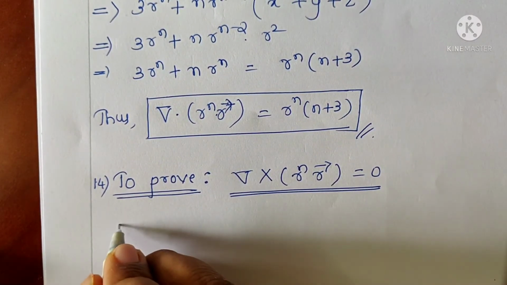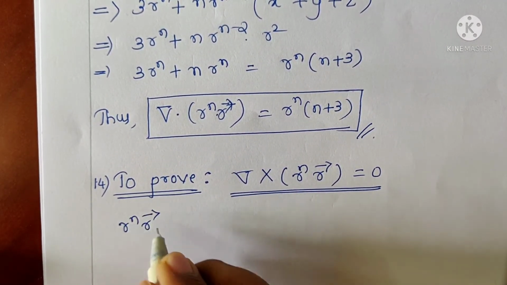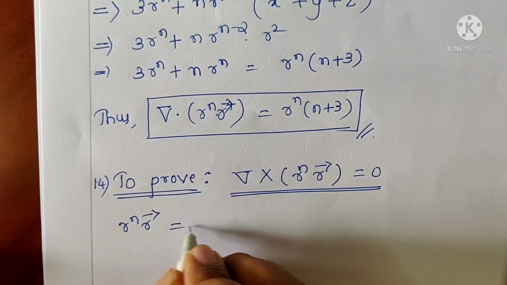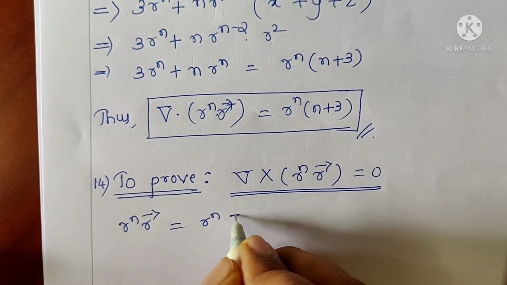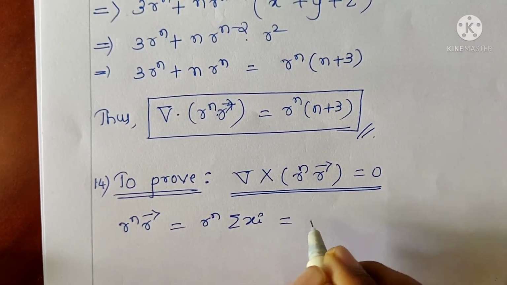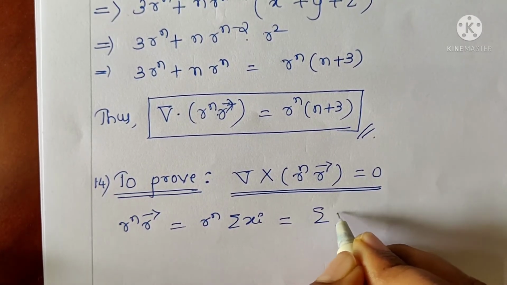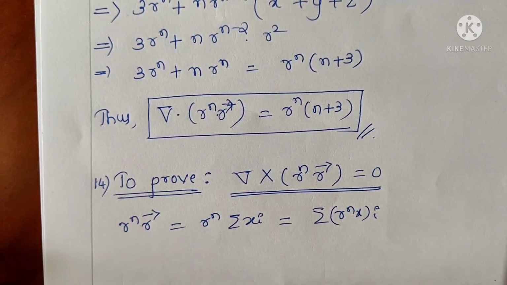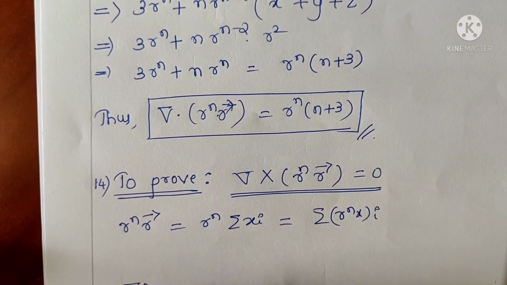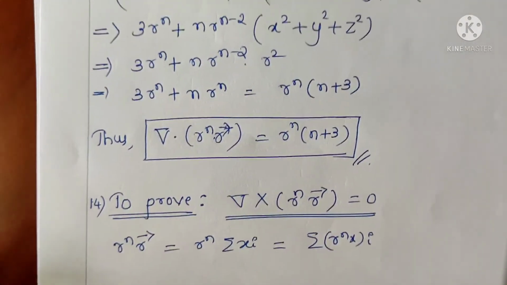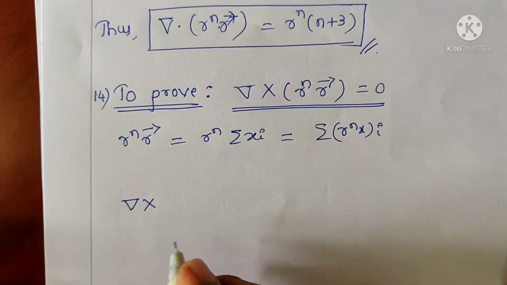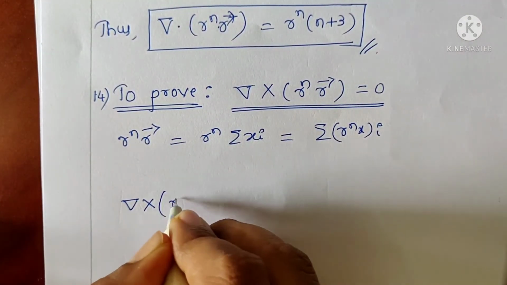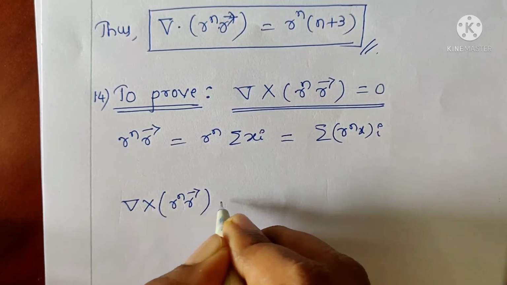So you know, first we find r^n vector r, that is r^n vector r is summation of x i, that is nothing but summation of r^n into x into i. So they asked you to find del cross r^n vector r.